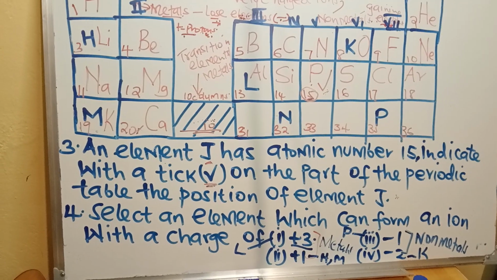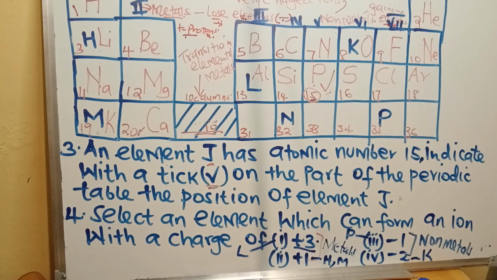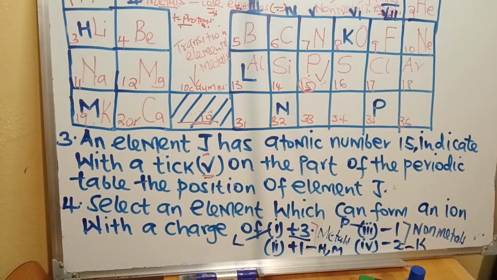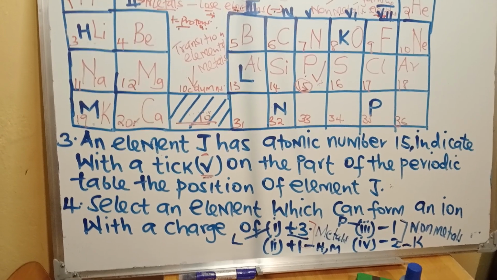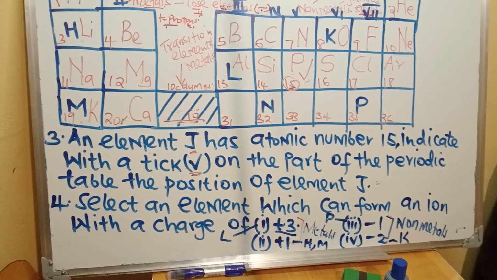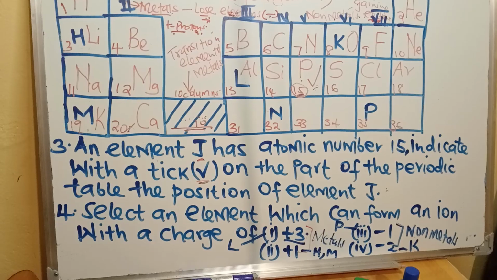Becoming stable means to acquire the stable configuration. And we usually have 2 types of stable configurations. We have either a stable configuration of 2 or a stable configuration of 8. And when I say 2 and 8, it is the number of electrons that will be left in the outermost energy level.